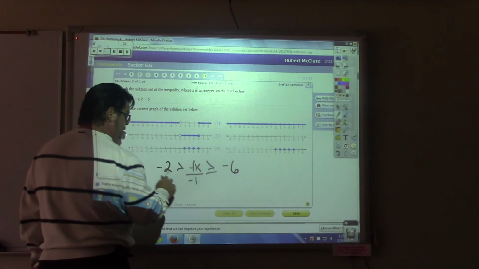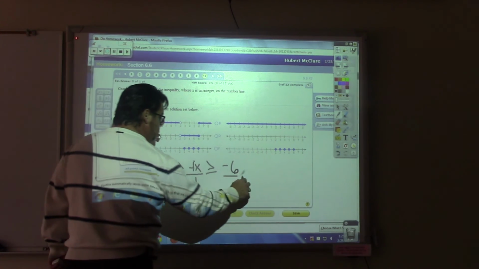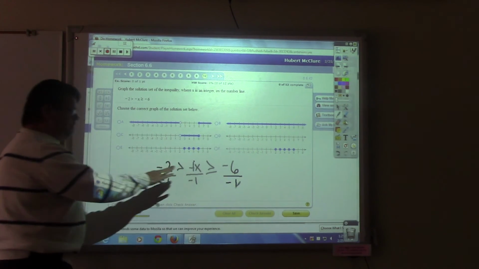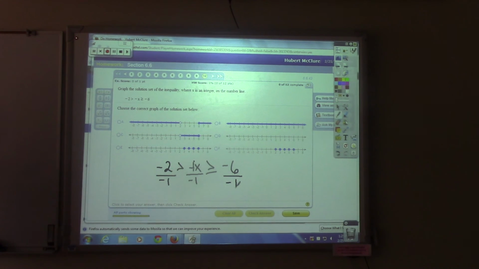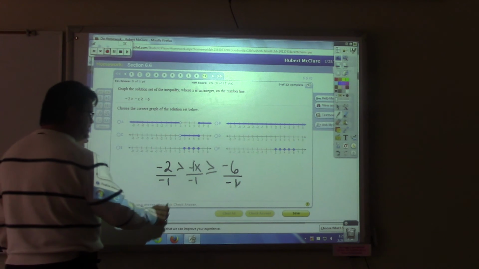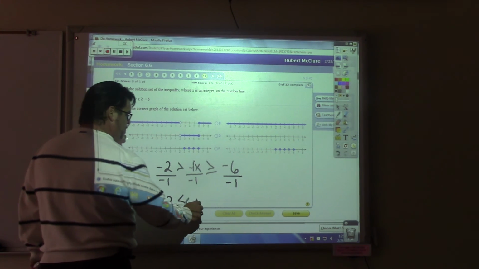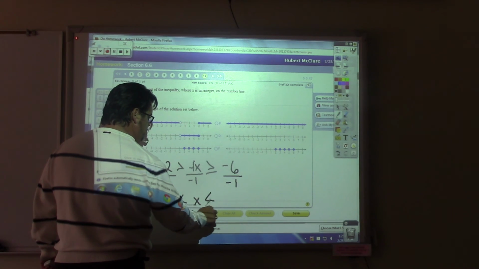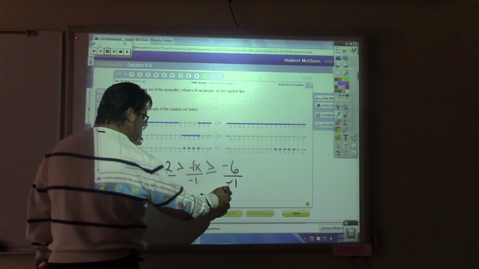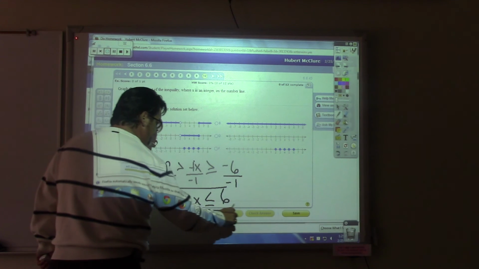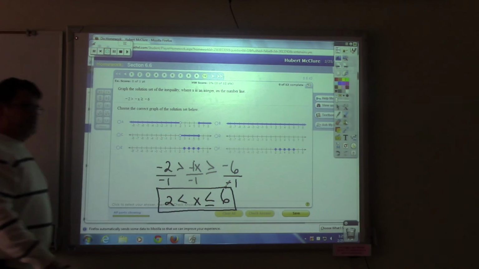Divide by -1, divide by -1, divide by -1. And as soon as you divide by -1, the next line, you're going to flip the what? Inequalities. So that'd be a positive 2, less than x, less than or equal to 6. And that is your solution set.